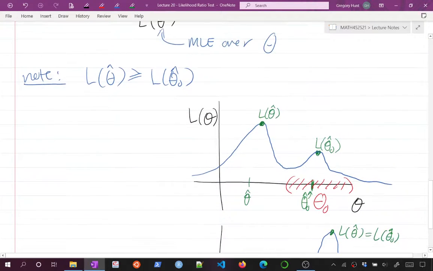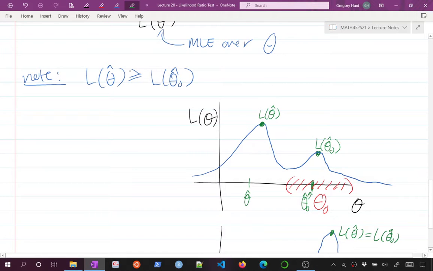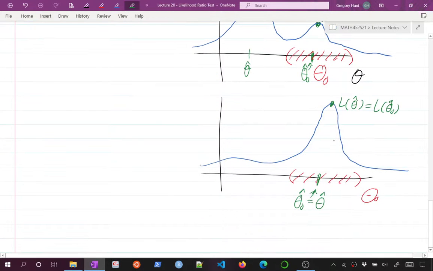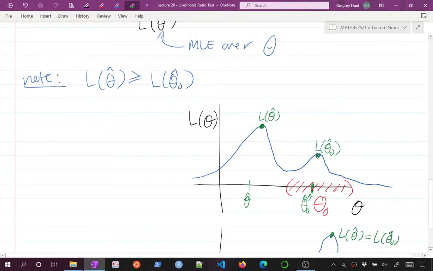So they can be equal, but the overall MLE has to achieve a larger or equal value than the one restricted to my null hypothesis. Why? Because you can either end up in a situation like this where they correspond, or in a situation in this picture where the overall MLE is not in my null hypothesis, so the value that maximizes in my null hypothesis will be smaller than the overall value.